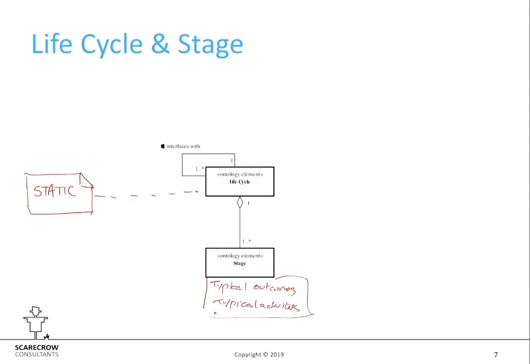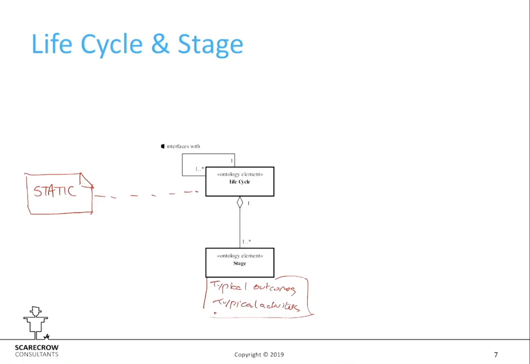Now, the really important point on here as well is this link here, this interfaces with, because we have to remember that we may have a company life cycle that we adhere to, and we're working to that. But that's not the only life cycle that is being used.